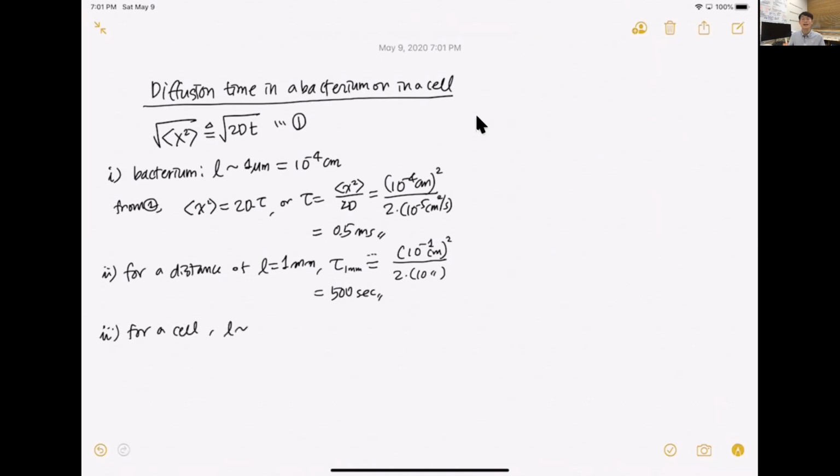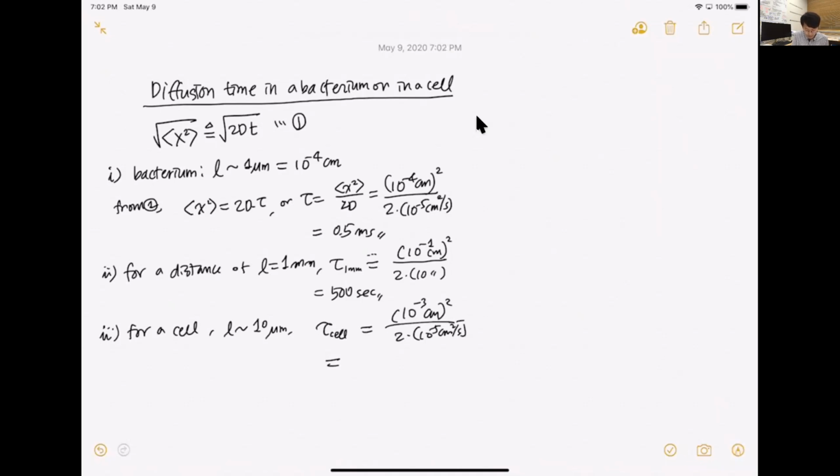Then let's move on to a cell. A cell size, typically, we can consider as about a 10 micron scale. So tau for the cell, with 10 microns, is 10 to the minus 3 centimeter squared over 2 times 10 to the minus 5 centimeter squared per second. And guess what will happen for this?